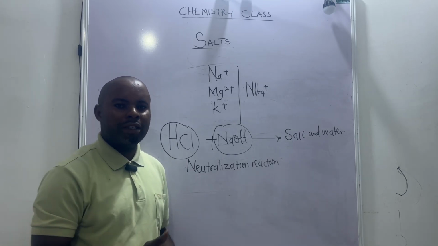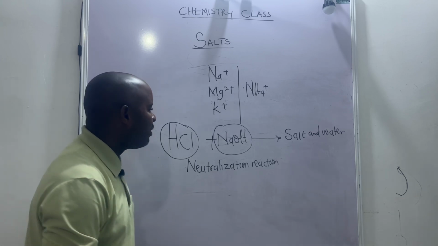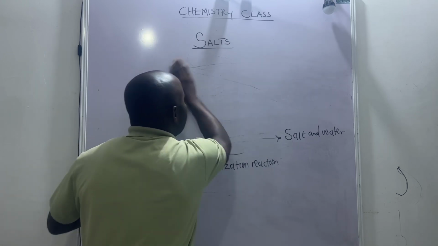So from this point, this will take us to the types of salt in chemistry. We have 5 types of salt in this regard.